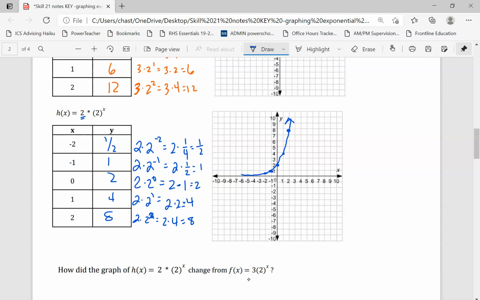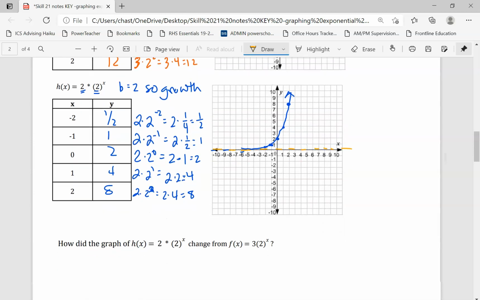It's growth. We can see our b equals 2, so it's growth. We still have a horizontal asymptote at y equals 0.